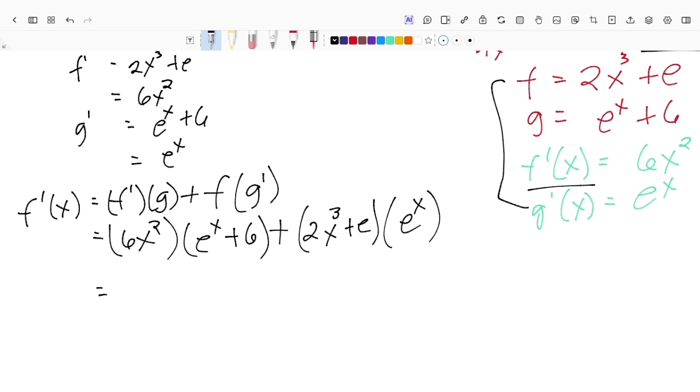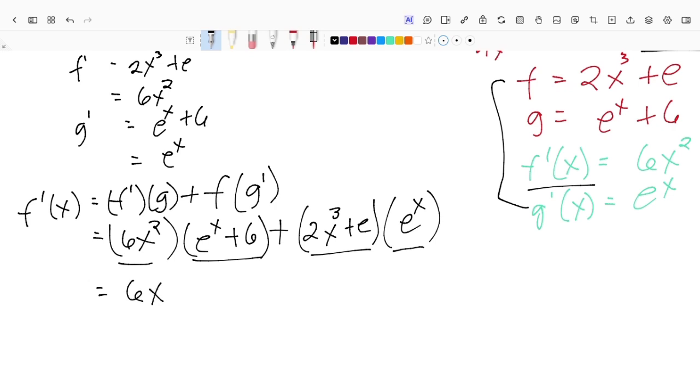And now from here we will expand each term. From here we use our algebra skills. Let's distribute this to this and this to this. This is the distributive property.